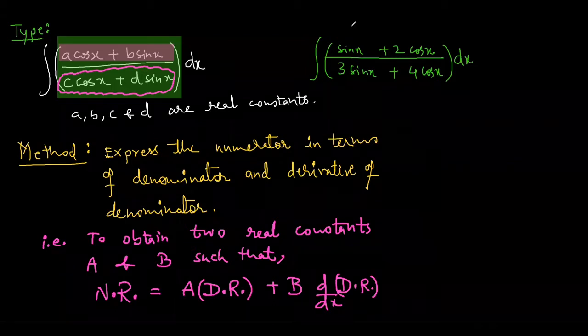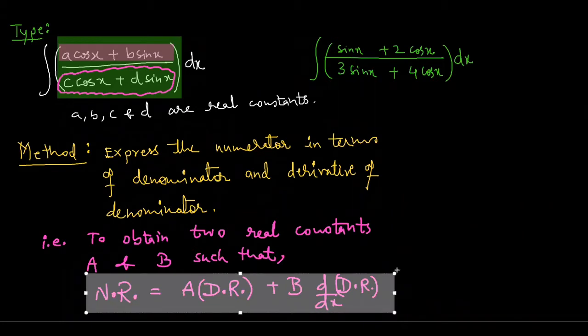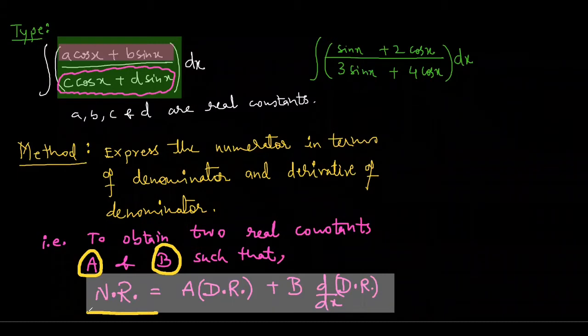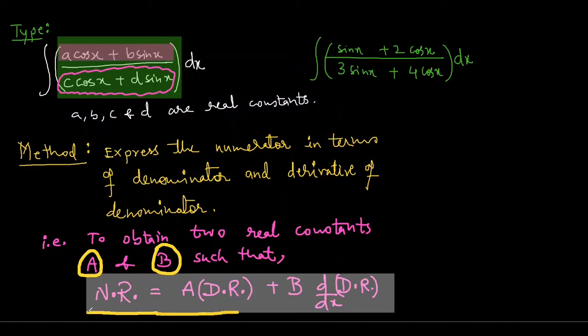So now I'll tell you what this is. See students, as you wrote here, you will try to find two real numbers A and B such that this is possible. What is possible?